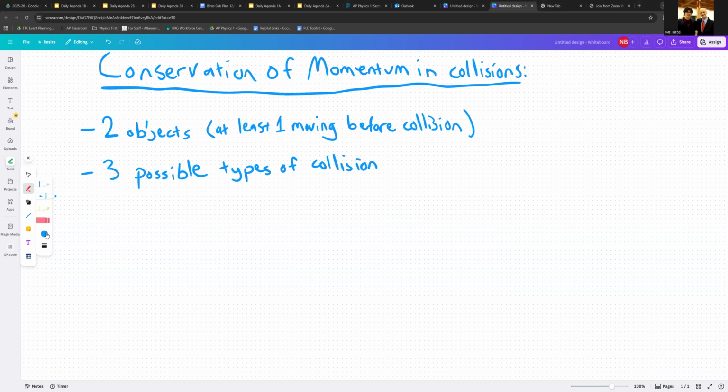So I'm going to draw a little image over to the right of a surface, and then you've got your two objects. Now they could both be moving. That's often the case. They don't have to be. You'd have mass one, mass two. And let's have them both be going towards each other.